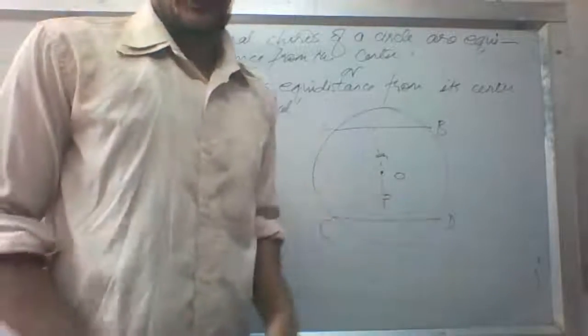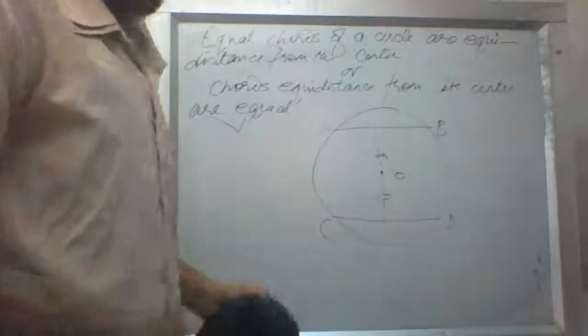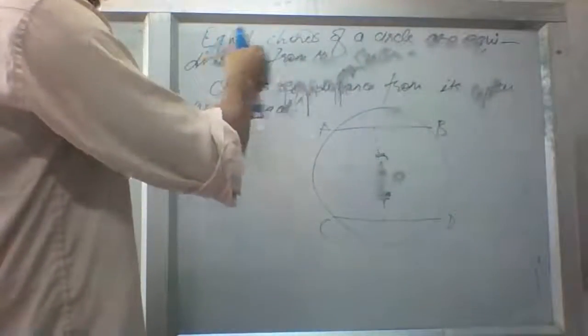So how will you prove it? Now the proof is going on here. And this is the last part of this chapter, and after this it will be finished. But don't forget the concepts I am telling you and going to tell you here. These concepts are very important. They will increase your mental capacity, your style of thinking, and the way you approach a question.